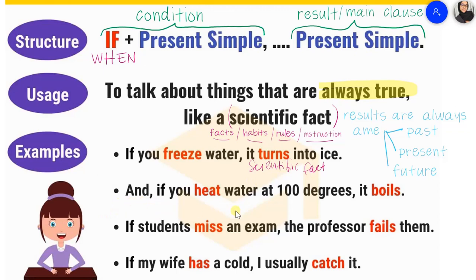If you heat water at 100 degrees, it boils. This is also a scientific fact. What about the next one? If students miss an exam, the professor fails them. So which category does this fall under? Is it facts, habits, rules, instruction? I think this is rules.